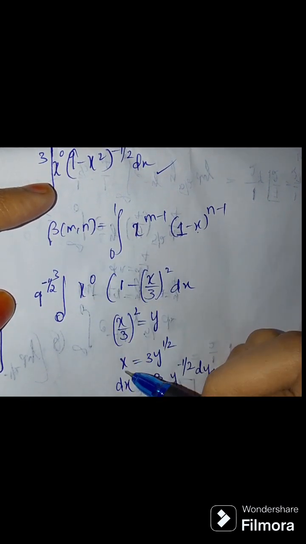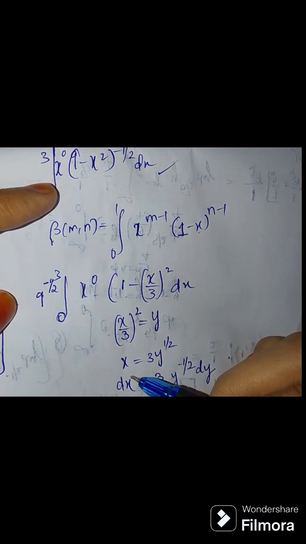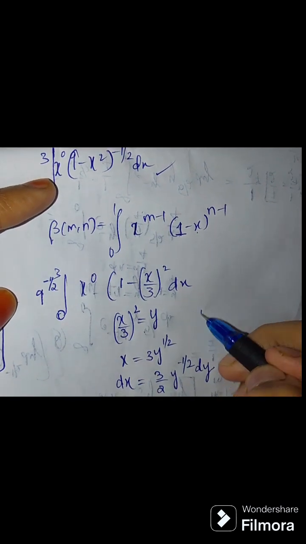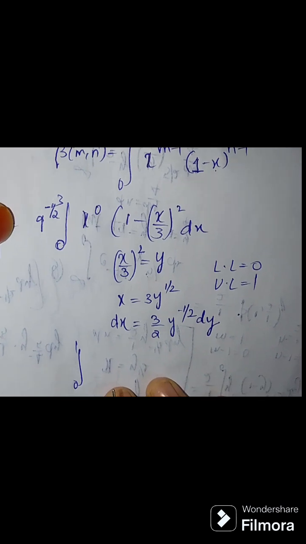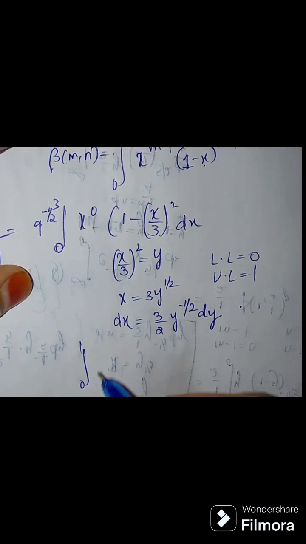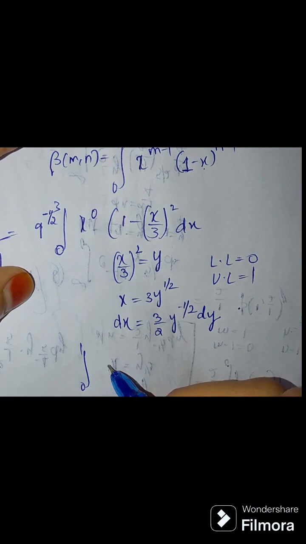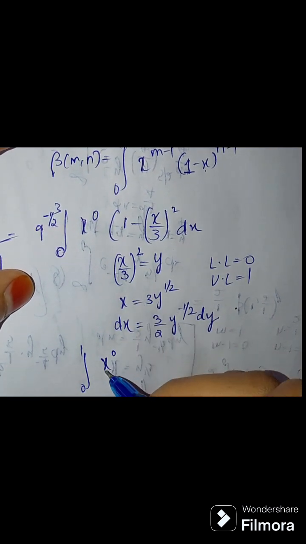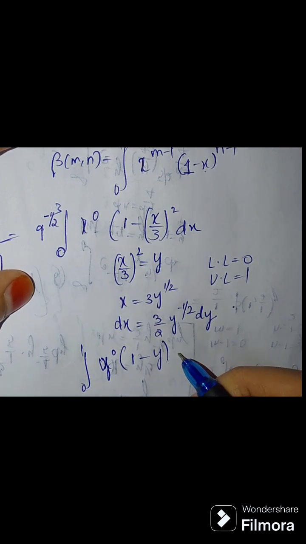Putting the upper limit x is 3, y will be 3 by 3, 1, so root 1, which is 1. So the lower limit will be 0 and the upper limit will be 1. So my limits are going to be 0 to 1. Next, I directly write x power 0, or else I can write y power 0 also, 1 minus y dy.